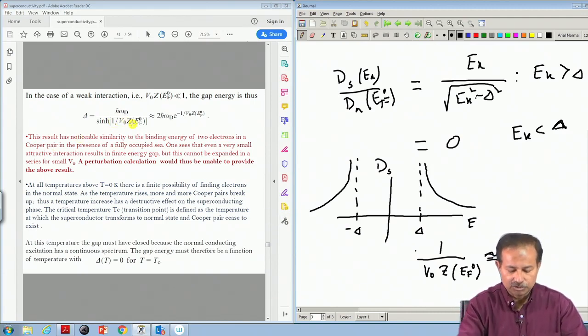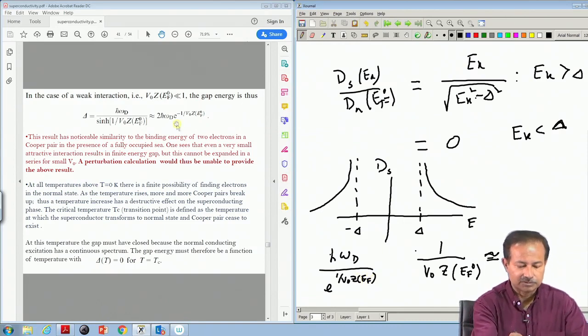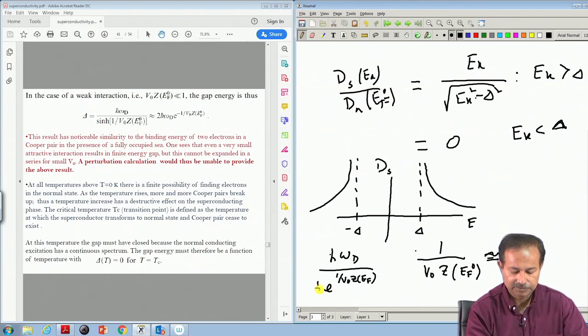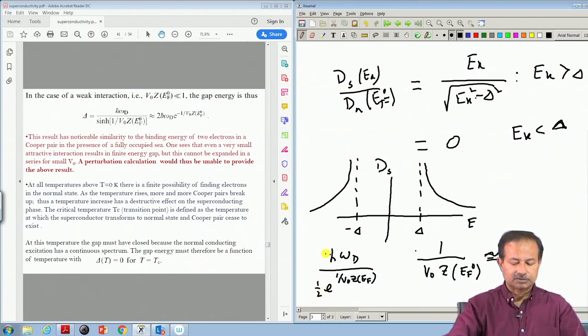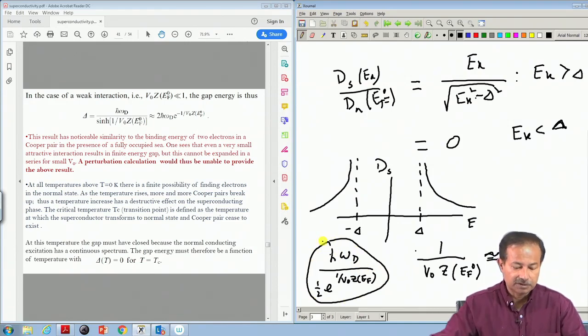So, in the denominator then you have h cross omega D divided by e to the power 1 by V 0 Z E f, and when you convert you will get this. So, this is half, and the 2 goes at the top. So, that is the result that is given here.